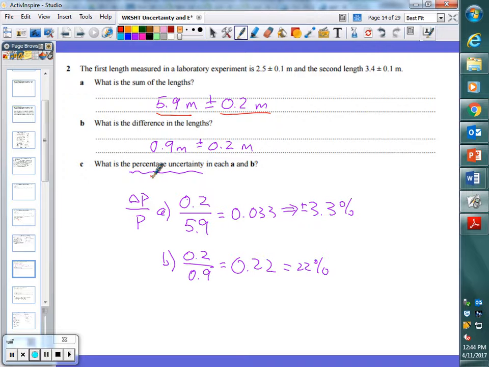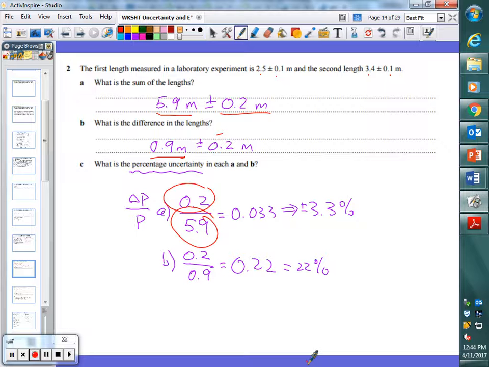Same thing is true of the difference. We just take the difference of these 2 numbers, right? But then to get the uncertainty range, we have to add the uncertainties together, okay? Then percentage uncertainties, we're looking at the uncertainty range over the actual value, turning that into a percentage.